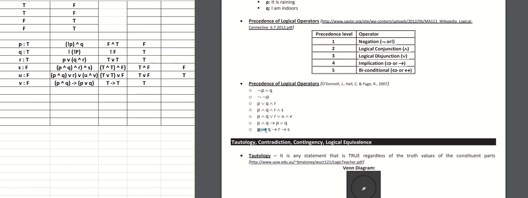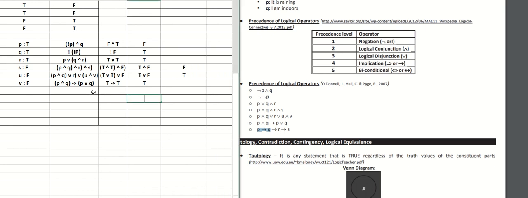Therefore, we parenthesize the P then Q, and then after that the then R and then S. Okay, so it will look like this: parenthesize the P then Q, then R, then S. This is how it will look like.